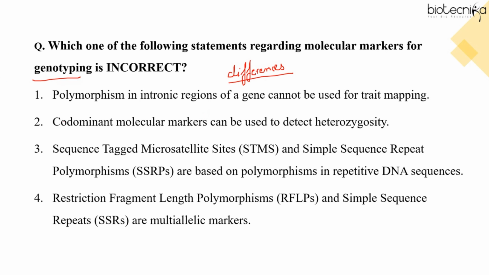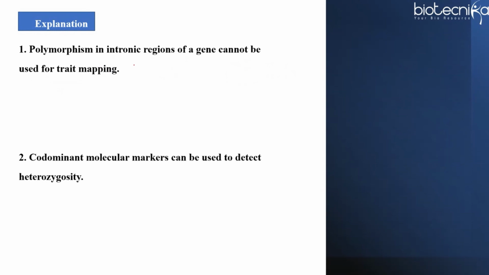Now, four options are given to you. You have to find out which statement is incorrect regarding molecular markers for genotyping. The first statement is that polymorphism in intronic regions of a gene cannot be used for trait mapping. I'm sure you all know about introns, right?